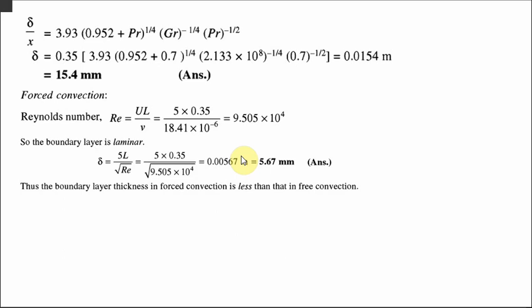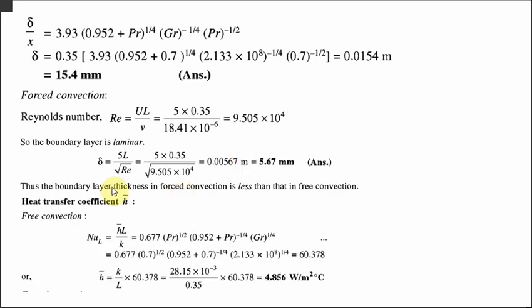Next is the h value for free convection. We need to calculate the average heat transfer coefficient h bar. Since it is a natural flow, laminar condition, and also the plate is at a constant wall temperature, from page number 143 we can take the local Nusselt number equation, that is Nu x, which is equal to 0.508 times the correlation.